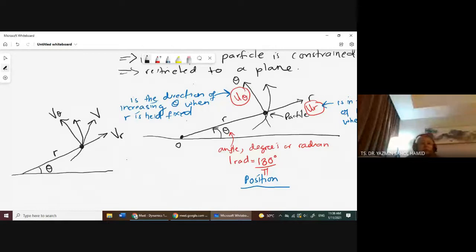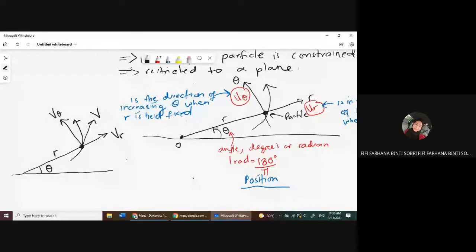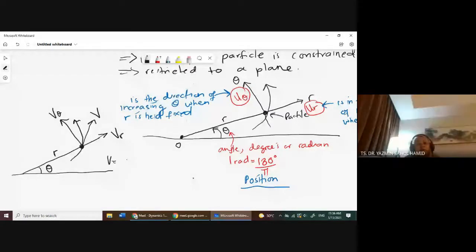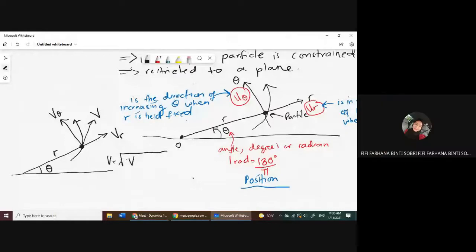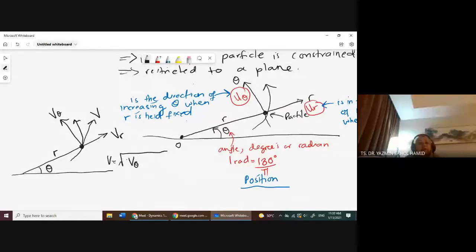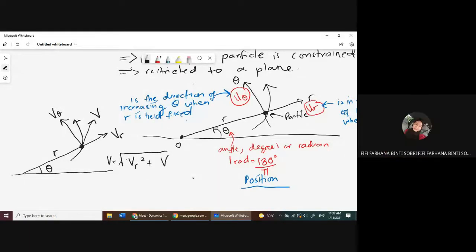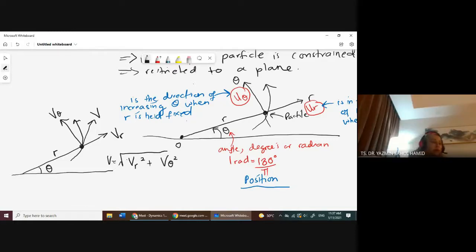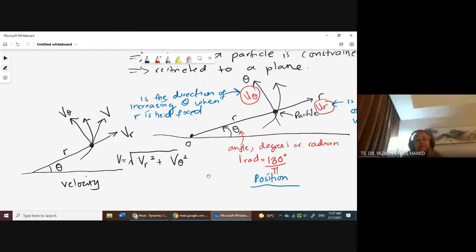Yes, square root of VR squared plus V theta squared. Good. So this is for velocity. And do you think this will be the same for acceleration? It will be the same.